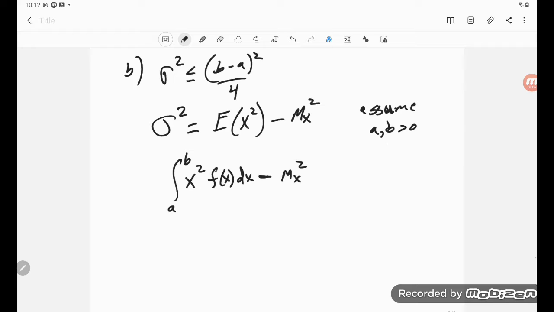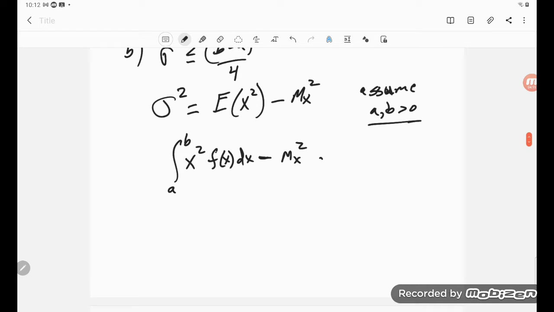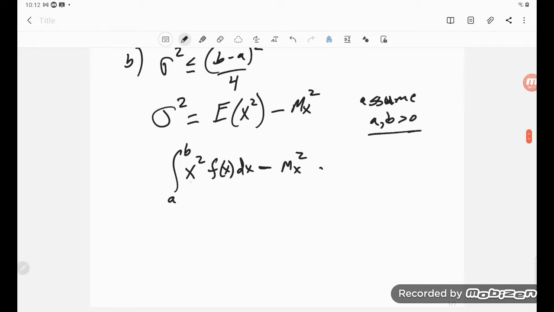And so it just seems if I start there with those both being greater than 0, then I know that B, of course, is greater than A, and I can have that the maximum here would be my B squared times that integral, but that's 1. And my minimum here would be the minus A squared.